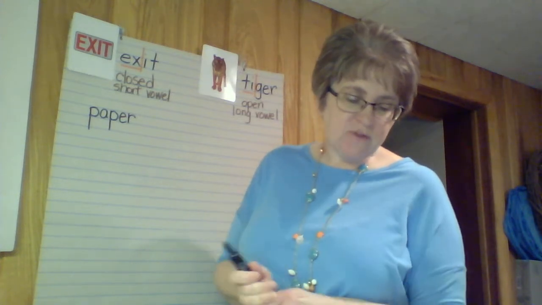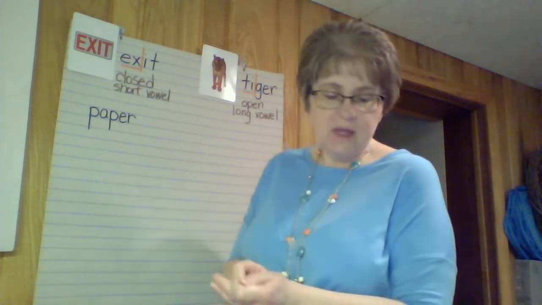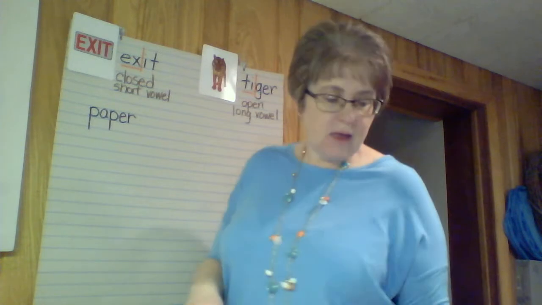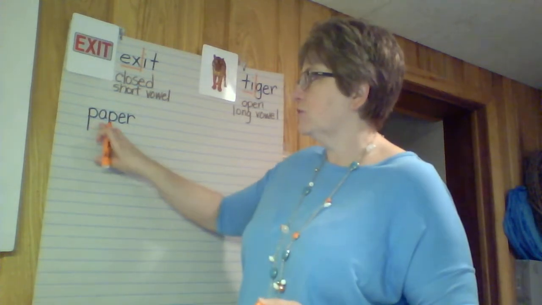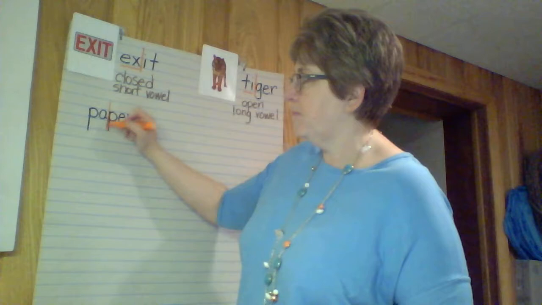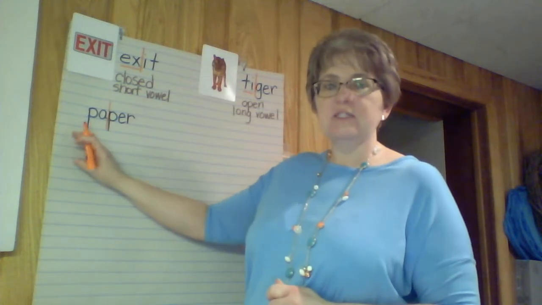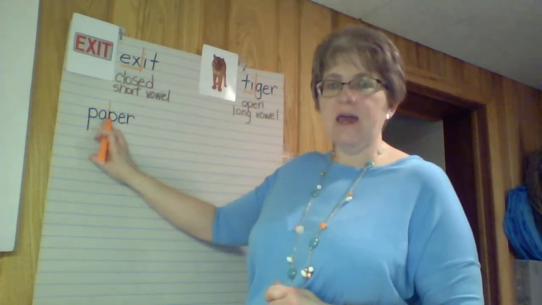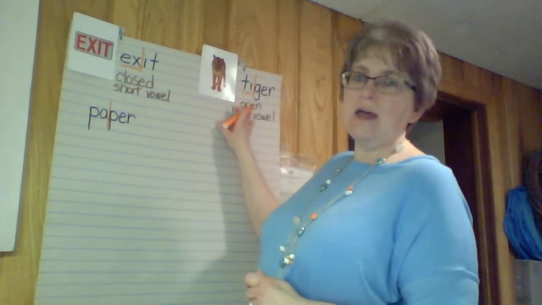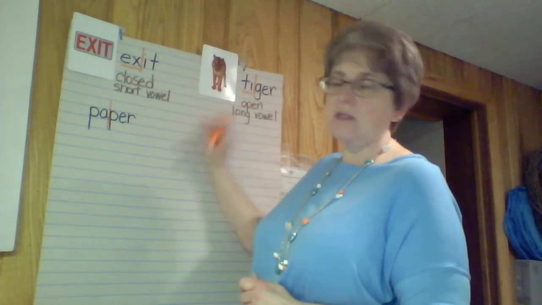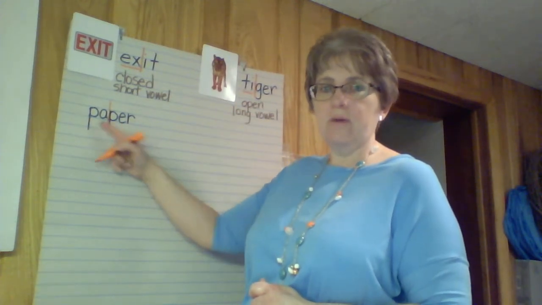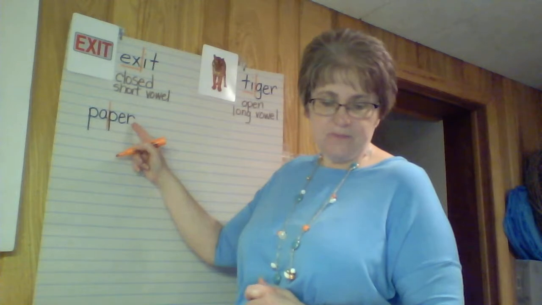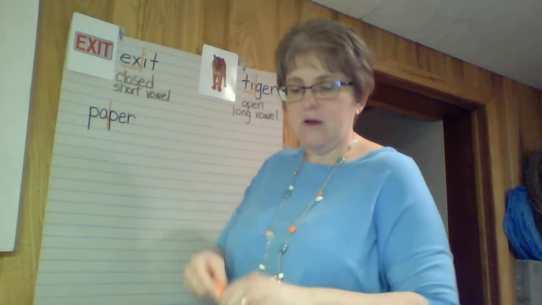So I'm going to divide the word after the A. Okay? And so if it's after the A, then it's an open syllable, so it makes a long vowel sound. A-per, paper.